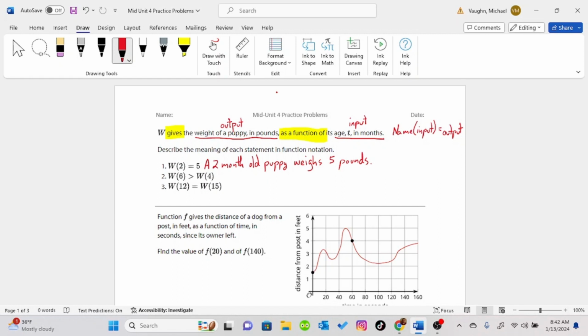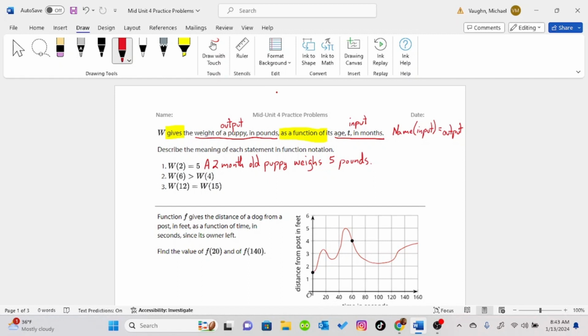Number 2, we don't have what the functions equal, so what we have is 6 in parentheses, which is a 6-month-old puppy, and 4 in parentheses, which is a 4-month-old puppy. But we know that the function gives us the weight. We just don't know what that weight is.